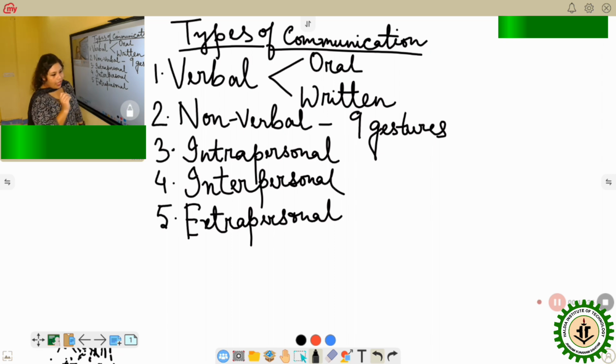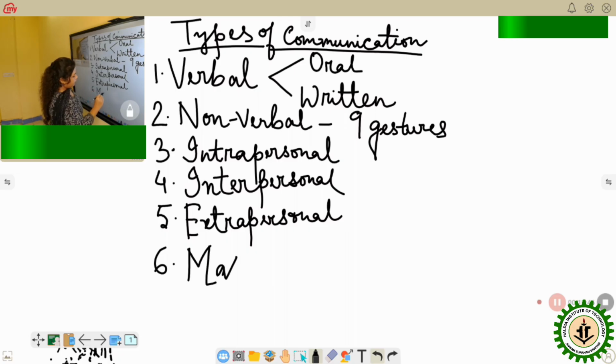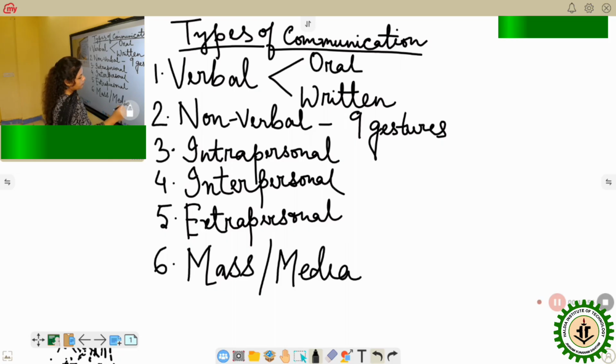Moving on to the last type of communication, mass or media. In today's world, there is no human entity who is not in touch with mass communication or media communication.